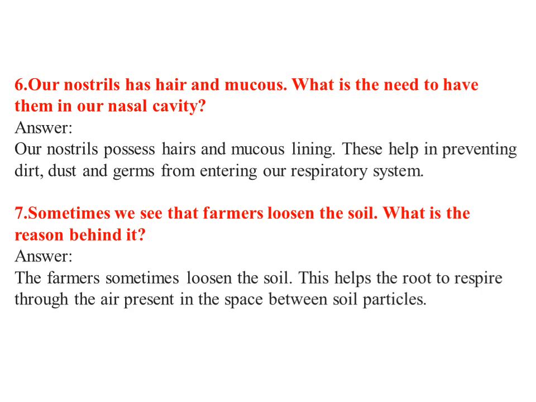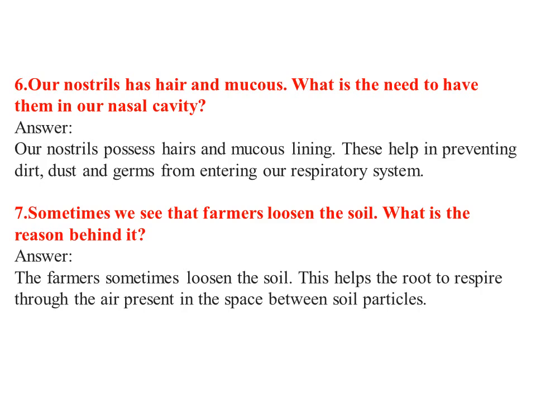The hairs and mucus lining help in preventing dirt, dust and germs from entering our respiratory system. So when these harmful foreign particles enter through our nostril, we suddenly sneeze them out.